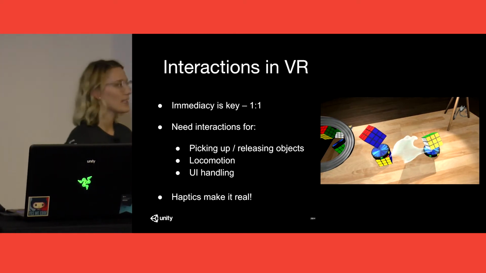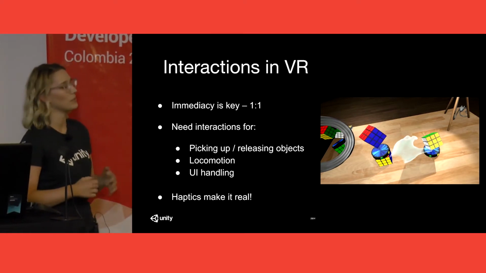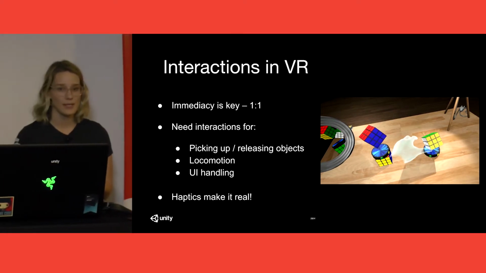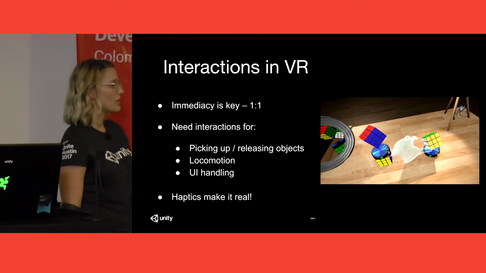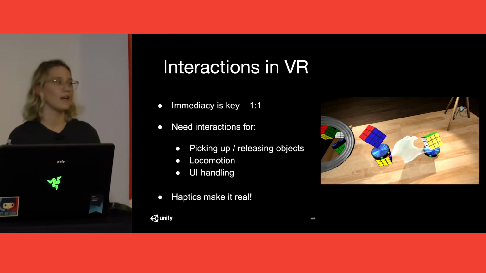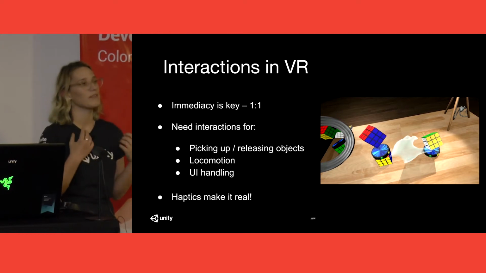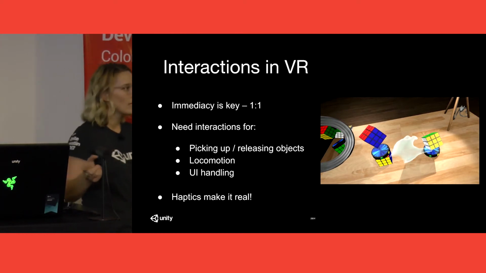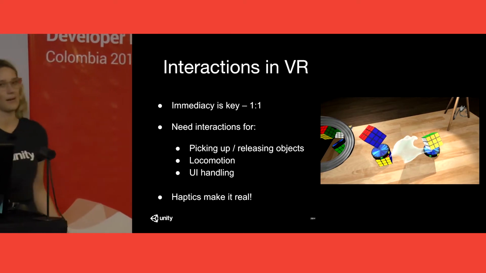You're also going to need to think about locomotion techniques. How are you going to get movers around? A lot of people use teleportation for this. And then you need to think about how are you going to let your users interact with your UI. And one thing that I want to point out too is make use of haptics. That haptic feedback really makes it real if a user picks up something heavy and they can feel it in their hand with a little bit of haptic feedback.